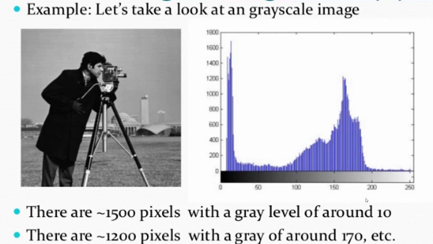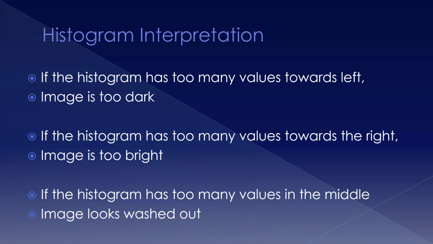And if you find the value of 170 on the x-axis, you can see there are approximately 1,200 pixels on the y-axis. This curve is not normally distributed, and it does have a concentration down in the lower values and then another concentration up in the range of 150 to 180, and this is a bimodal distribution.